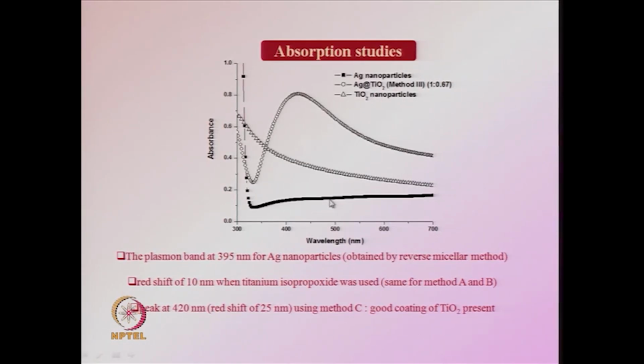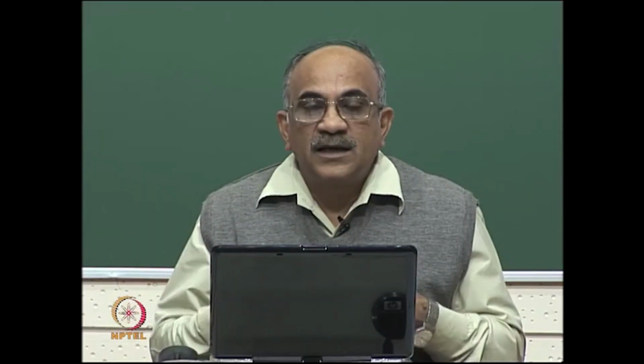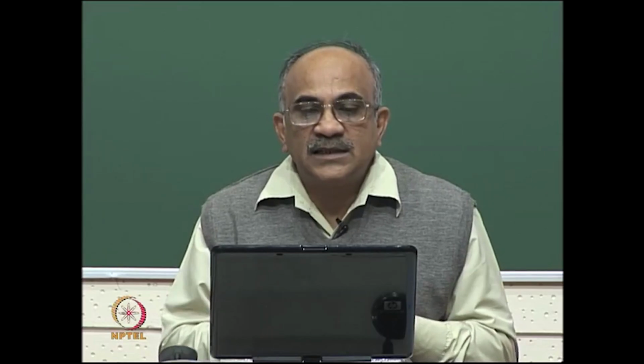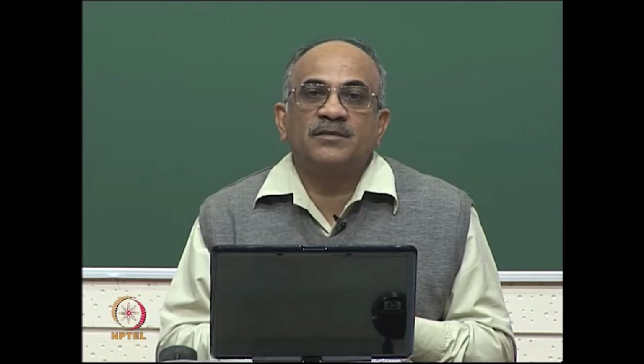So, these three plots show you the absorption bands of silver particle, pure titanium dioxide, and a silver particle coated with titanium dioxide, and that shows a red shift of around 25 nanometers when the shell is formed on top of the silver particle. And you can change this by changing the thickness and homogeneity of the shell on top of the particle.